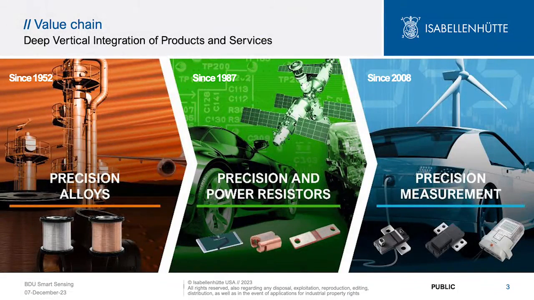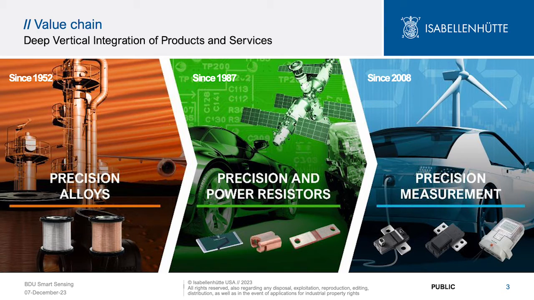Isabellenhuette, as one of the oldest companies in Europe, prides itself for having a very deep vertical integration of products and services. Having started off as a copper smelter in medieval times in the mid-1500s, Isabellenhuette officially founded its Precision Alloys business unit in 1952, and to this day is still producing its own precision alloys.